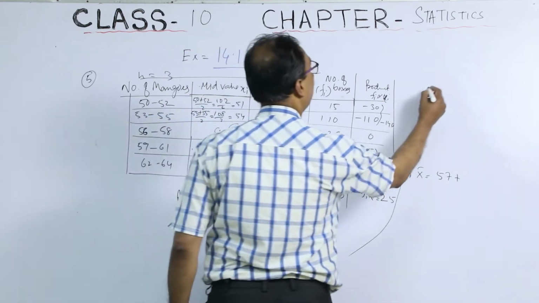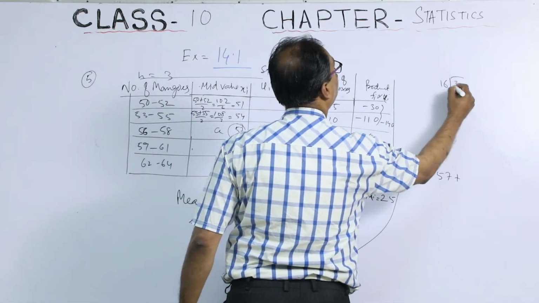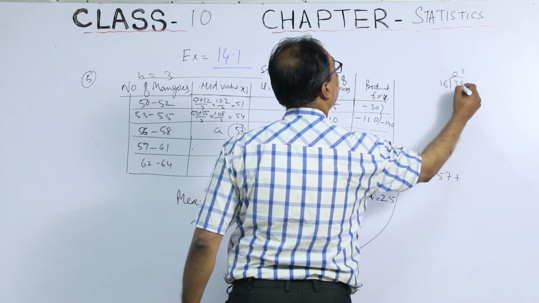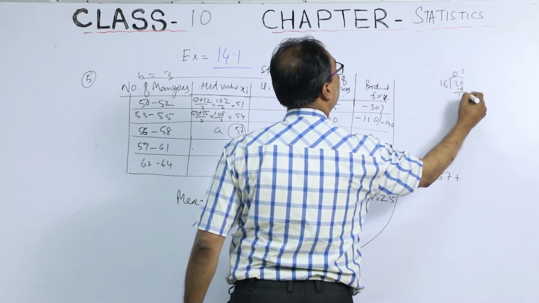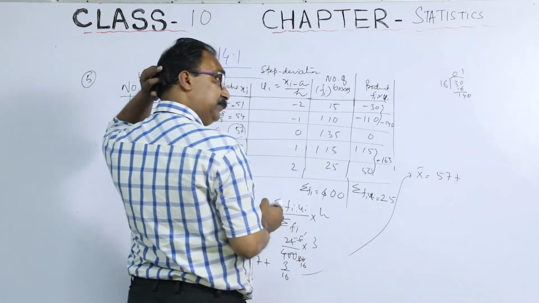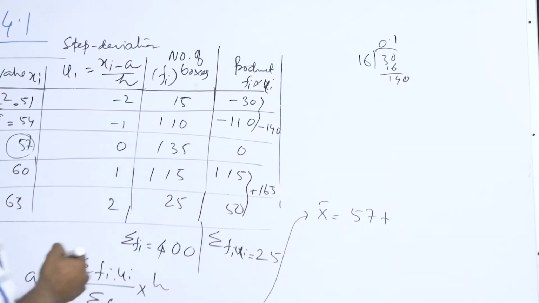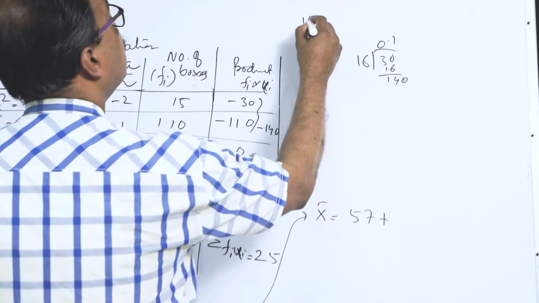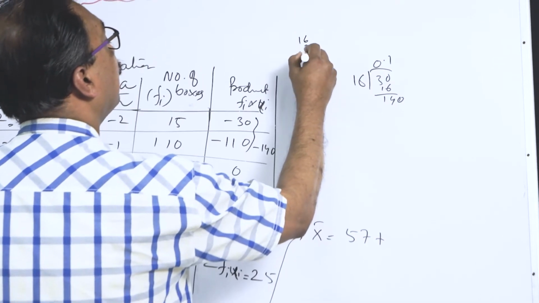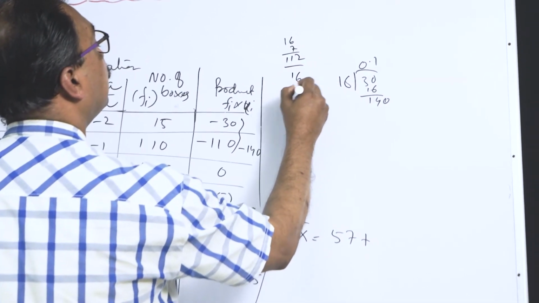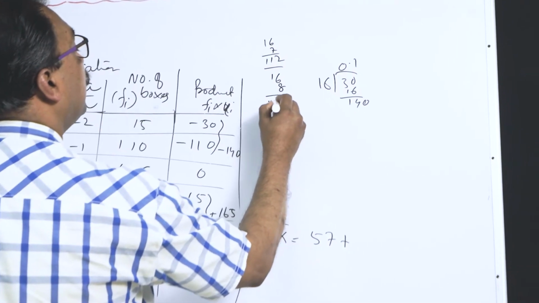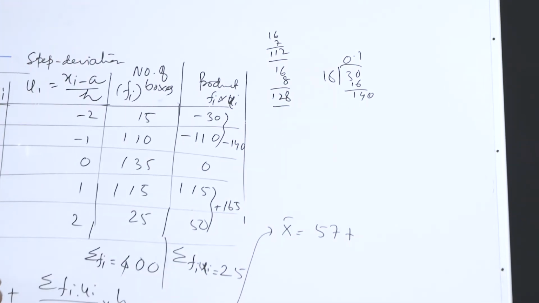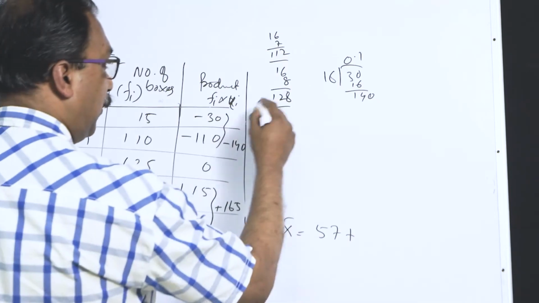3 by 16, divide it in the rough, 3, 0, 0.0, 16 1 is 16, how much? 14, 0, how much is possible? 16 6s are 96, 16 7s are 112, 16 8s are 128. 16 9s are 144, not possible.